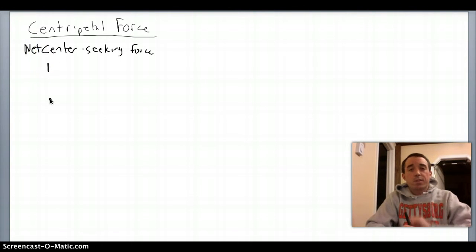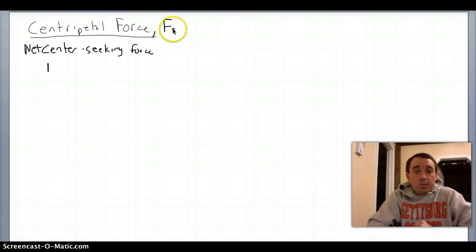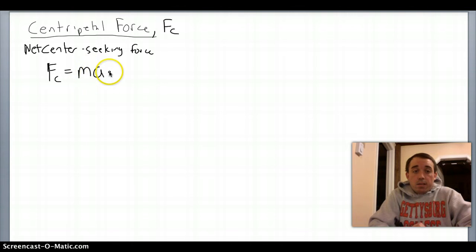There are different situations. We'll do a couple of them as sample problems that will show you how we can get a center-seeking force to go towards our centripetal force. Centripetal force is F sub c, and F sub c is found through a relatively simple equation. It looks very similar to Newton's second law.